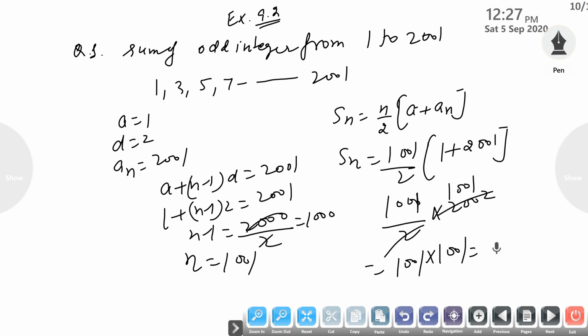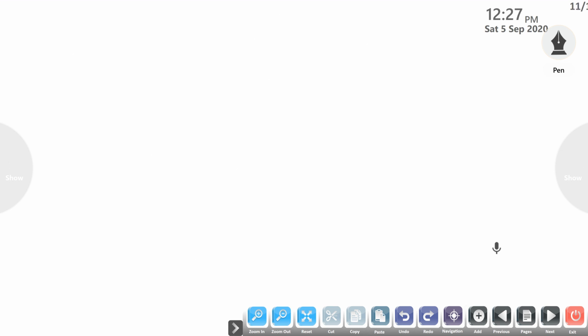Now second question is, find the sum of all natural numbers lying between 100 and 1000 which are multiples of 5. We have to find sum of all natural numbers between 100 and 1000 which are multiples of 5.